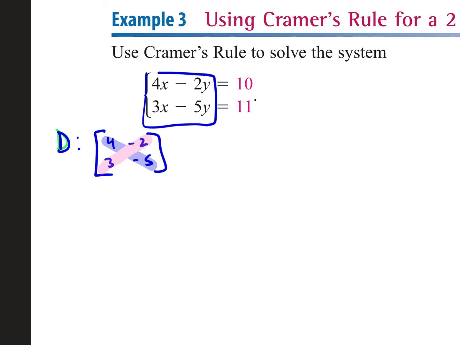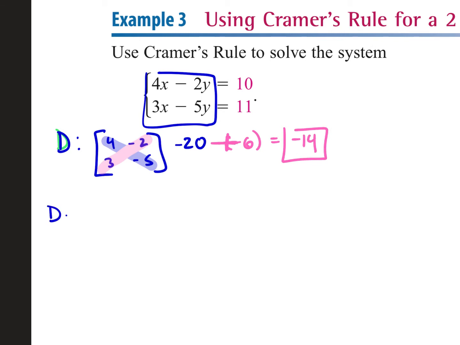So our majors multiplied would be -20 minus the minors, so minus -6. What's -20 minus -6? -14. So that's the determinant of our coefficients.